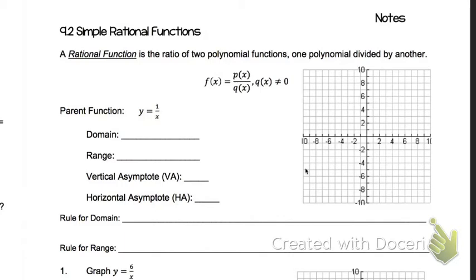So the rule for domain is that it's going to be all real numbers. If you're reading it from left to right, it's going to be all real numbers except your vertical asymptote. That's what VA stands for.